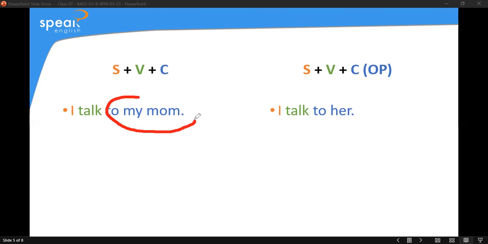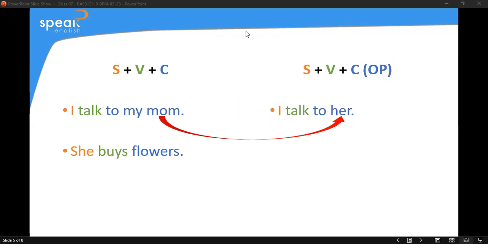I can use the complete information, or I can use the object pronoun. The only thing that you have to keep in mind is that the verb comes first, okay? Her is the same as my mom because they are talking about she, okay? So they are the same, my mom and her. Let's continue.